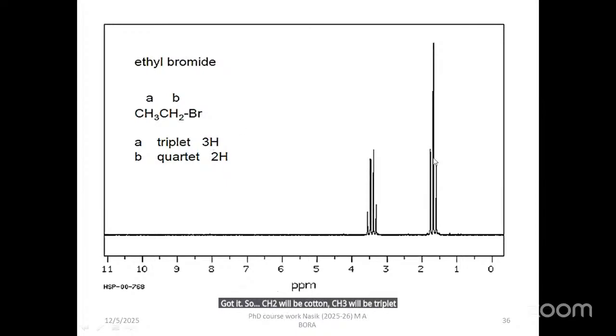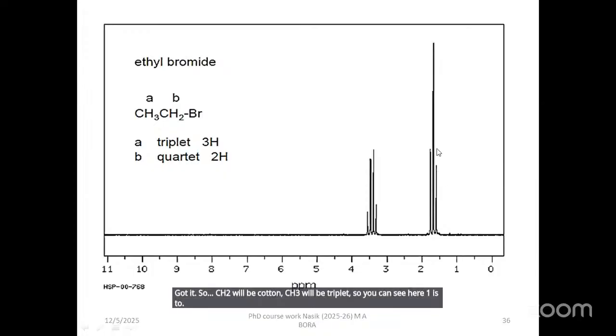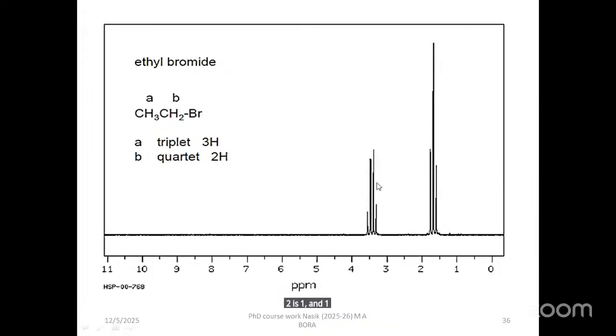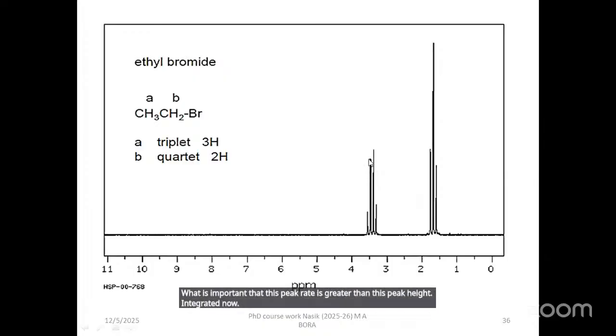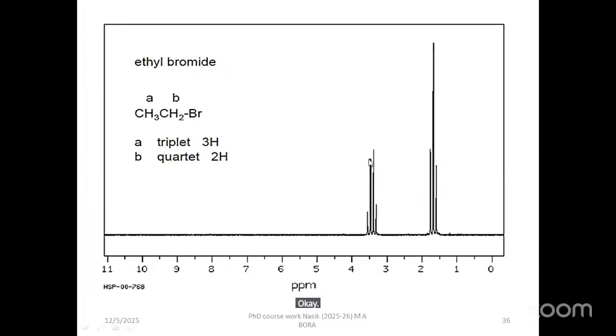So you can see here 1:2:1 and 1:3:3:1 is the intensity ratio. Now this peak height has nothing to do with the intensity ratio 1:3:3:1 or 1:2:1. What is important is that this peak height is greater than this peak height. Integration now: the integration of A type of proton will obviously be more than B, because there are three equivalent protons, whereas in B there are only two equivalent protons.